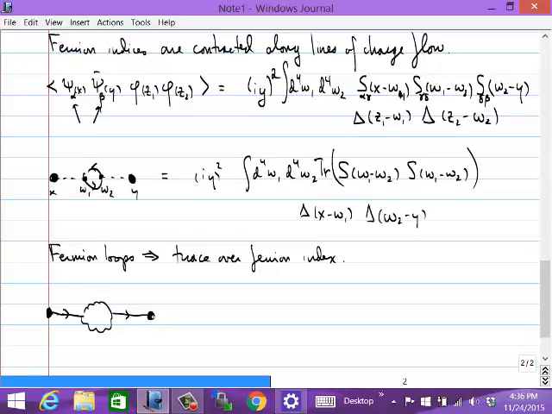And then you would have to trace over that internal propagator. In fact, that's a diagram that we will end up computing and studying in some detail in quantum electrodynamics. Good.